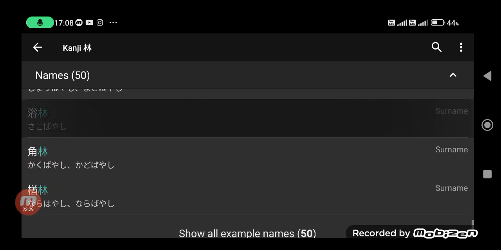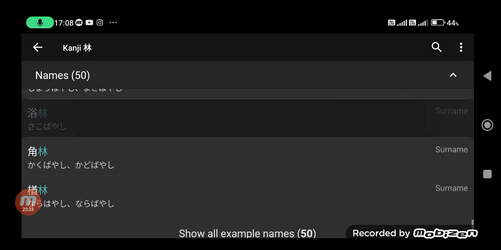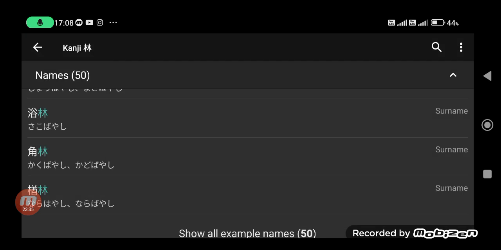How about this? Sakobayashi. How about this? Kakubayashi or Kadobayashi. But I think, minasan, the more prevalent is Kado. In names in Japan, when you see this character, it's most likely read as Kado. So Kadobayashi is the more prevalent.